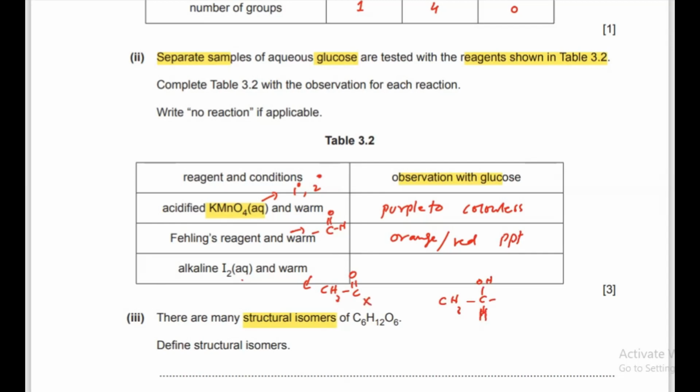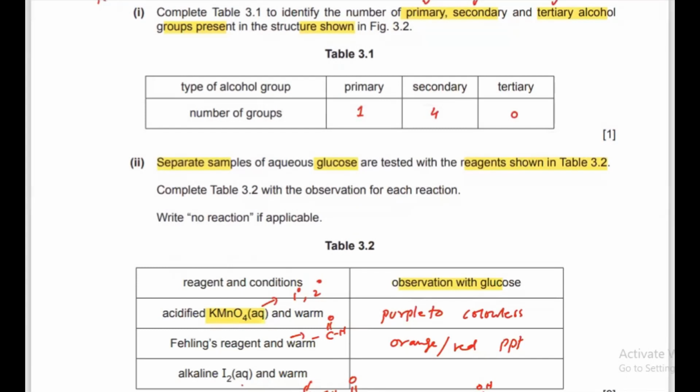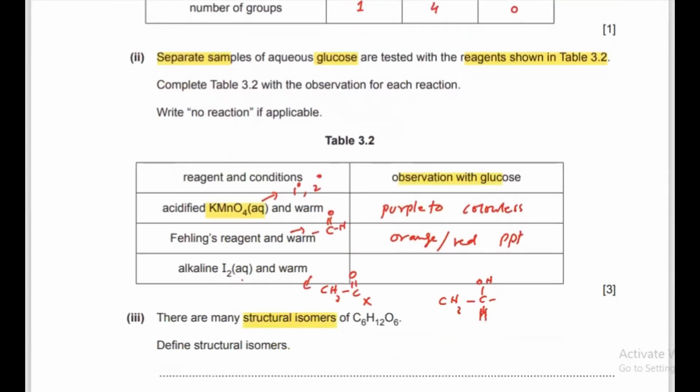So there is no methyl ketone, there is no CH3CHOH. So that's why it will give us the negative test of the iodoform test. This is the iodoform test. So there will be no reaction, no observation.